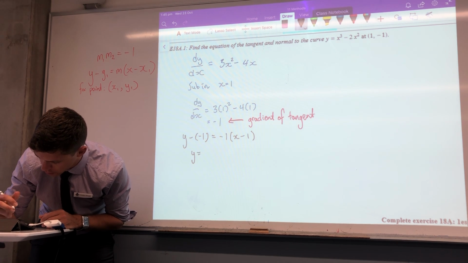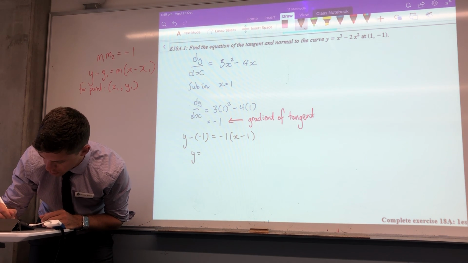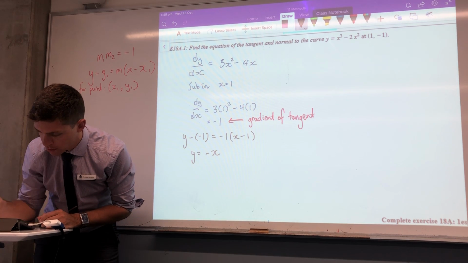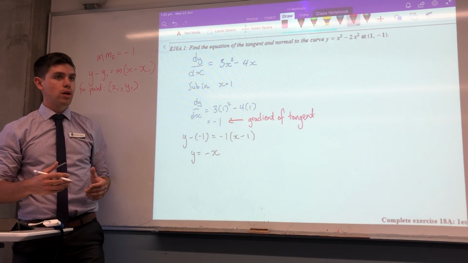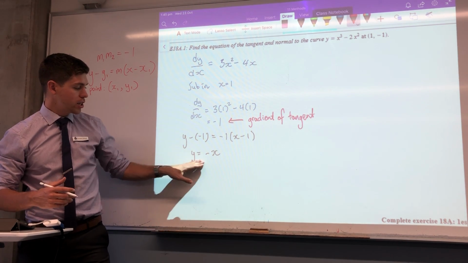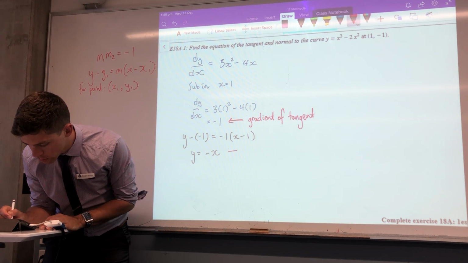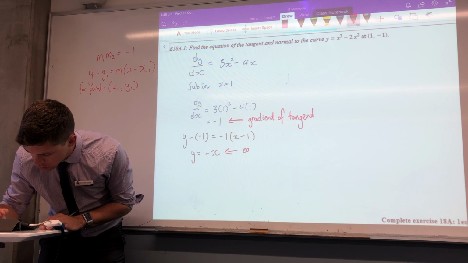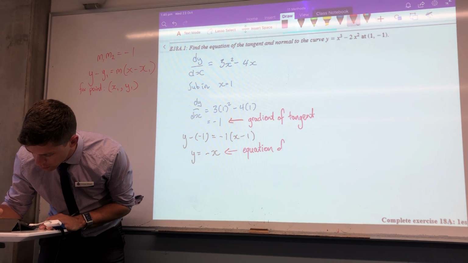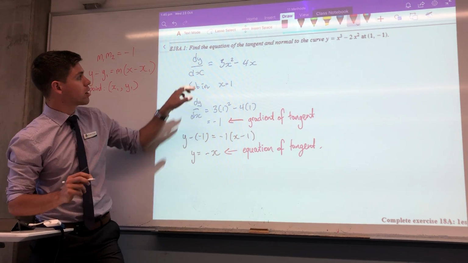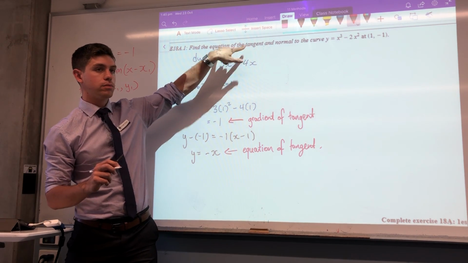So y equals negative x. Okay. So we now have a relation between x and y, or we have an equation of the tangent, because that's one of the things we've been asked for.